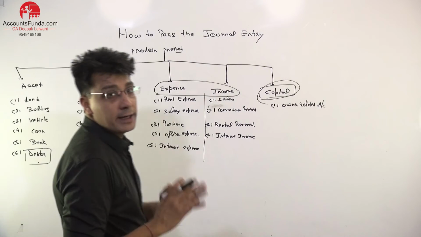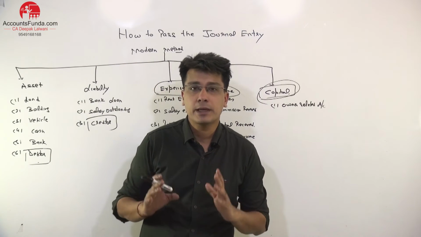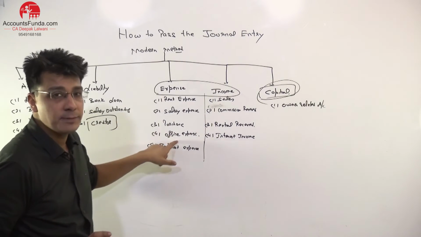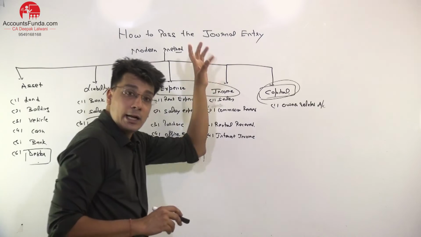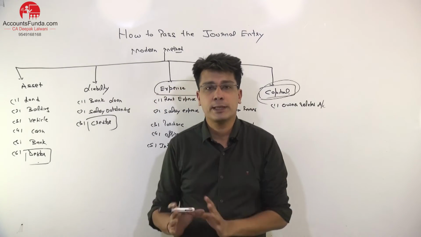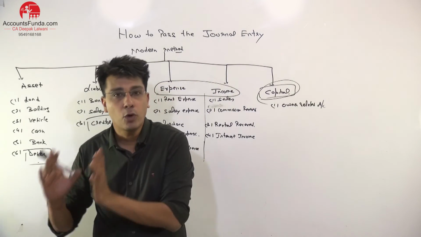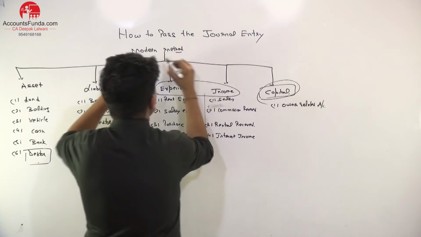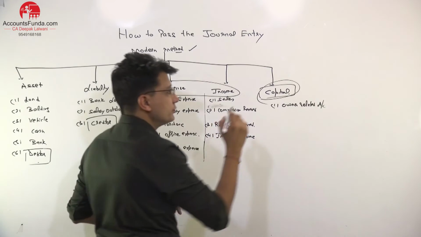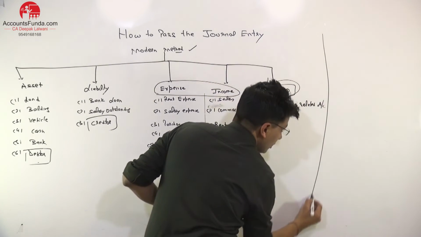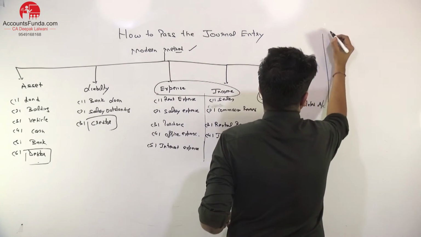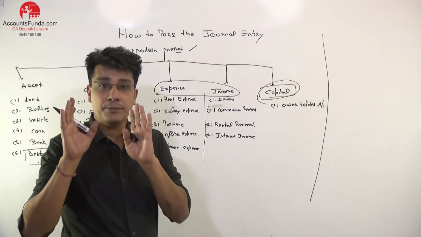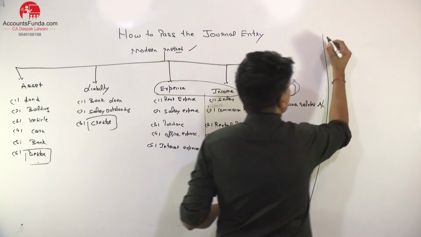See, now I have already explained to you that all the accounts will be clubbed either under the heading of asset or liability or expense or income or capital. Now I will teach you the most important part of this whole account. What is the most important part? I am teaching you the modern method rules. First you need to understand, just write down what I am writing.